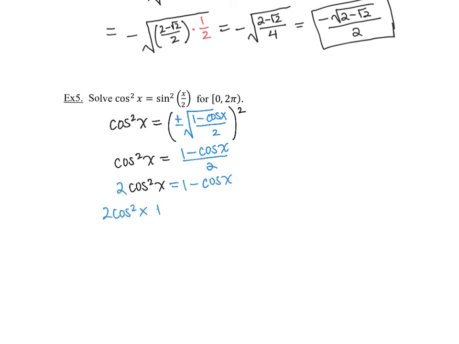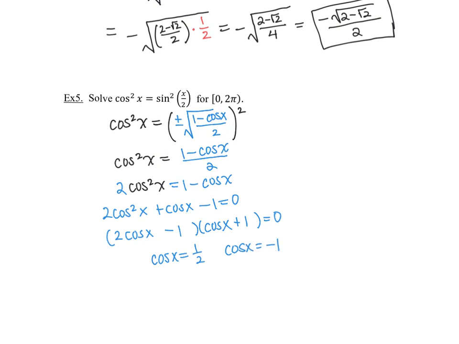I shall put it in standard form and then try to factor it, although if you prefer the quadratic formula, you could quadratic formula it. Plus 1 minus 1, that's plus 2 cosine, my cosine. That works. Cosine x is 1/2, and cosine of x is negative 1.